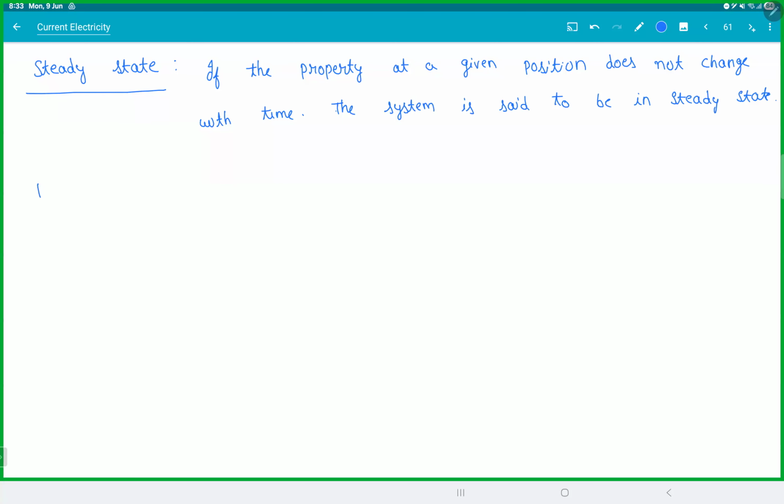So for example, if you look at fluid mechanics, if you look at point A here and point B here, now if you see the pressure at A and B, here the properties are pressure and velocity of the liquid at that point.